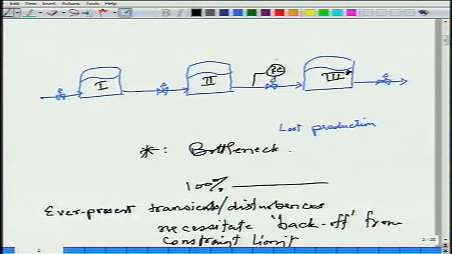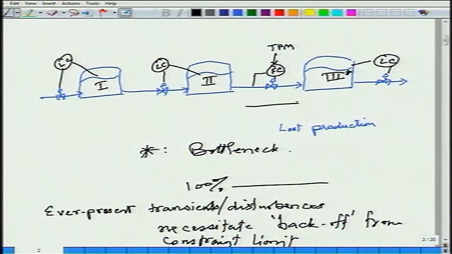Let this be my throughput manipulator. Then level control has to be this way, the upstream level controller has to be this way, reverse direction of flow. Yes or no? And now let me look at the flows. This would be the calmest place in my process.